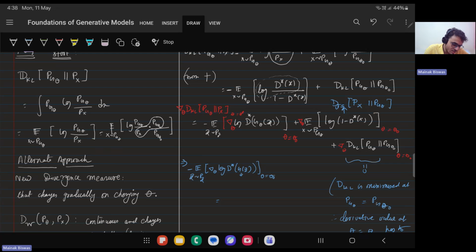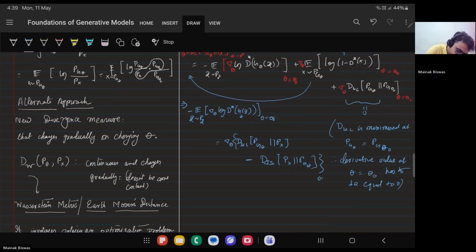This is nothing but the gradient of KL between p_g_theta and p_x, minus the JS between p_x and p_g_theta, at theta equal to theta 0.